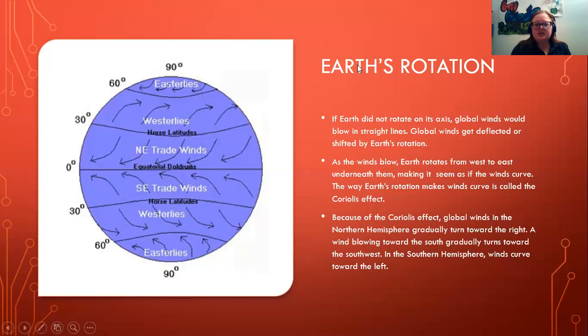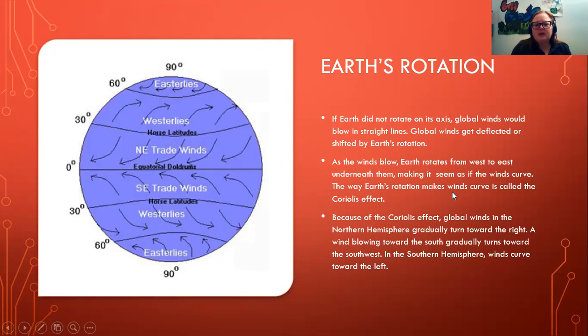So Earth's rotation. If Earth did not rotate on its axis, global winds would blow in straight lines. Global winds get deflected or shifted by Earth's rotation. As the winds blow, Earth rotates from west to east underneath them, making it seem as if the winds curve.